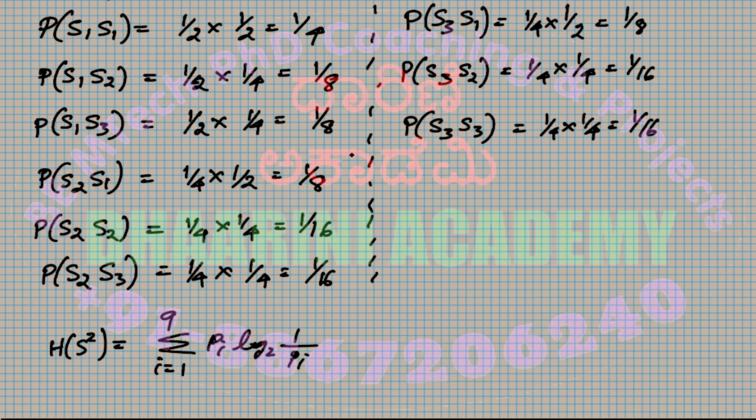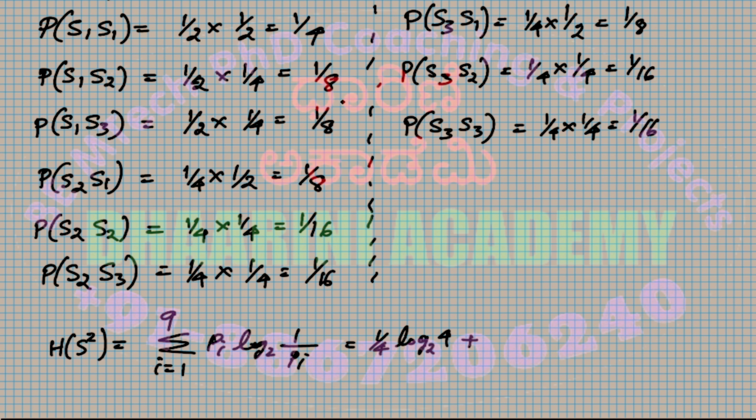But I can see that many terms are repeating, so I can club them together. The 1 by 4 happens only once, so I can write 1 by 4 log to the base 2 of 4, corresponding to the first term.